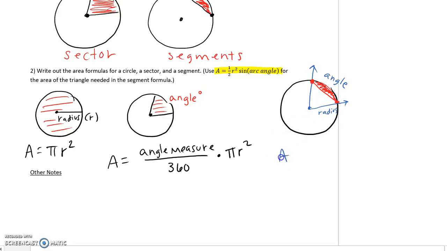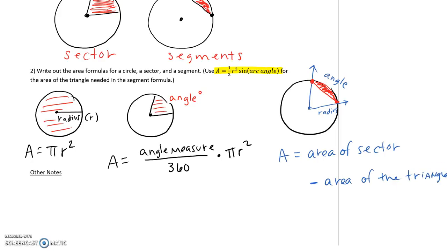So the area of the segment equals the area of the sector minus the area of the triangle. When I'm talking about the triangle, I'm talking about this triangle that I just drew in.